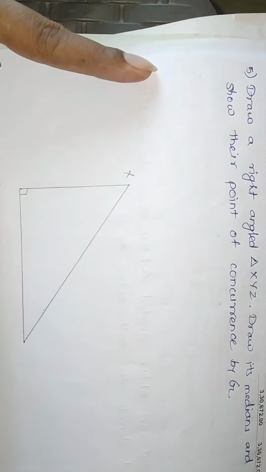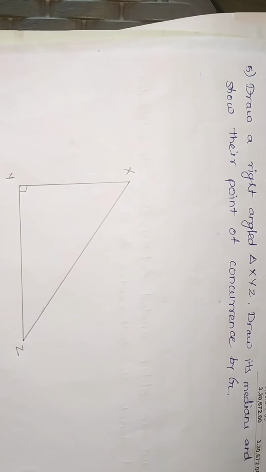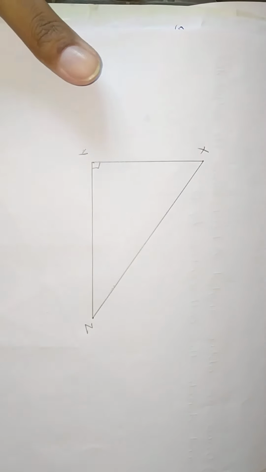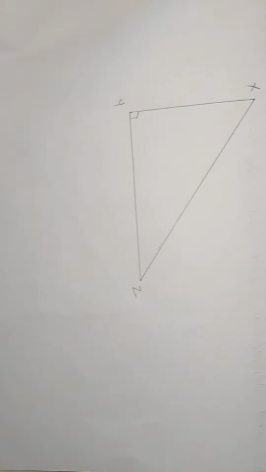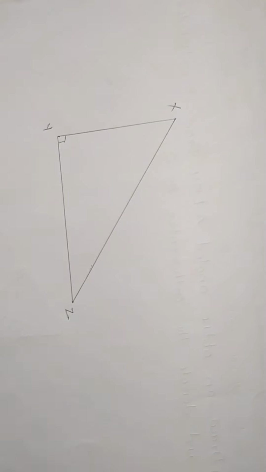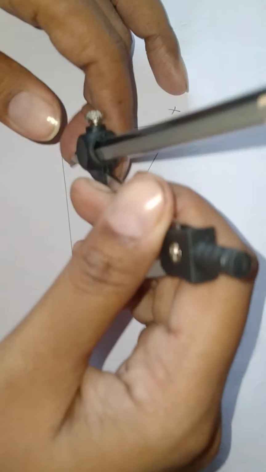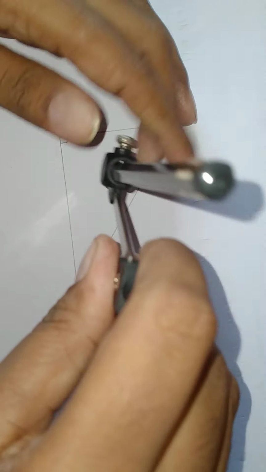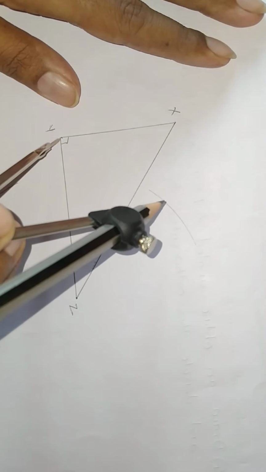Now for naming, you have to give X, Y, Z. What you have to do? Medians you have to draw, using this compass. The same way, you have to take more than half distance. Draw two arcs from the second point.